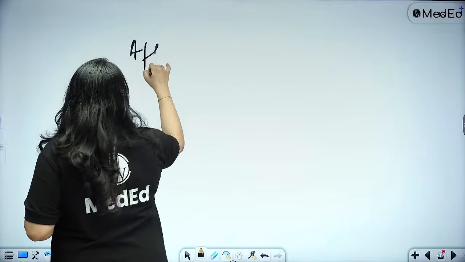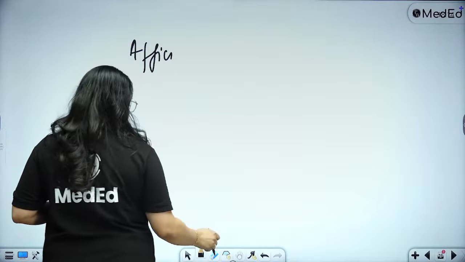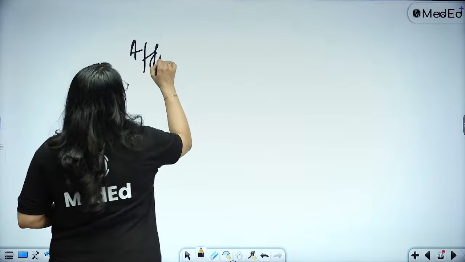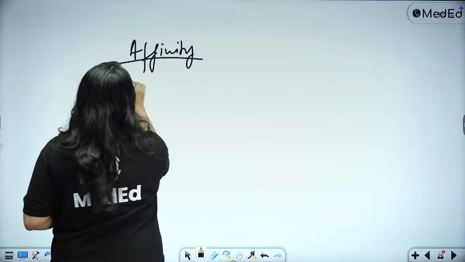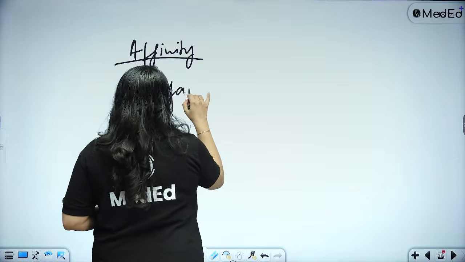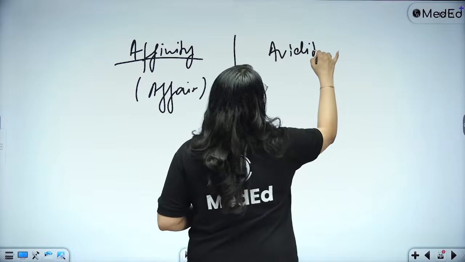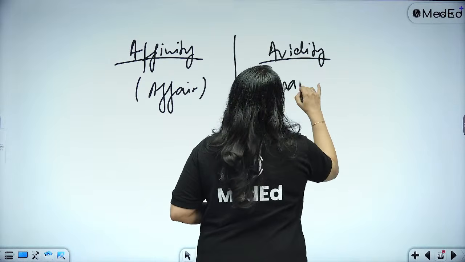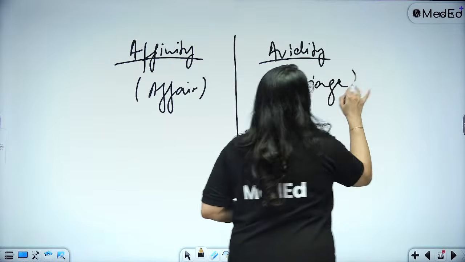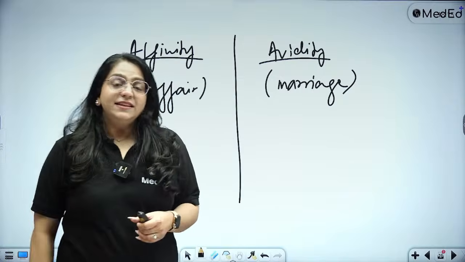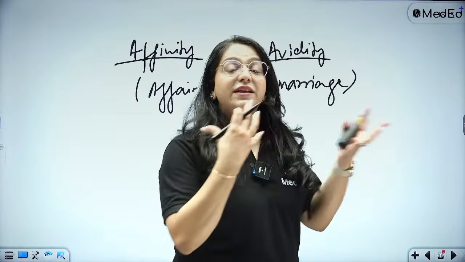imagine affinity is equal to an affair, and avidity is equal to marriage. That is how you think. Whenever there is an affair, there is infatuation, there is a lot of attraction.